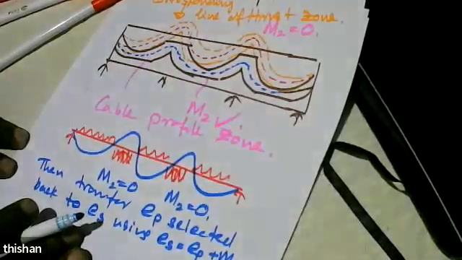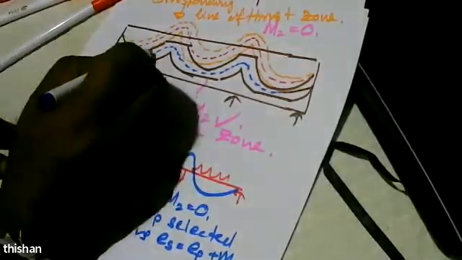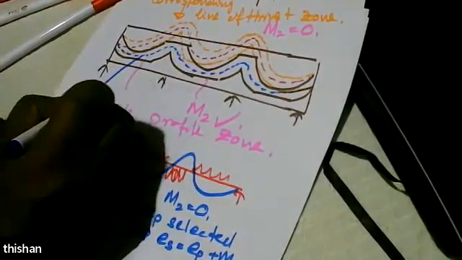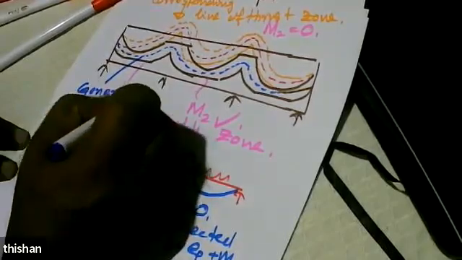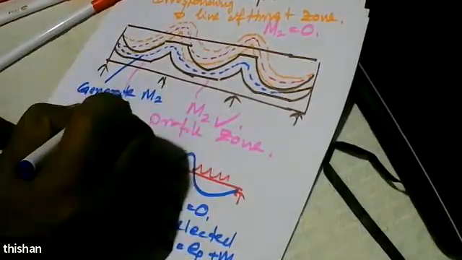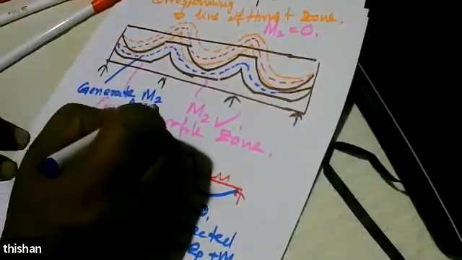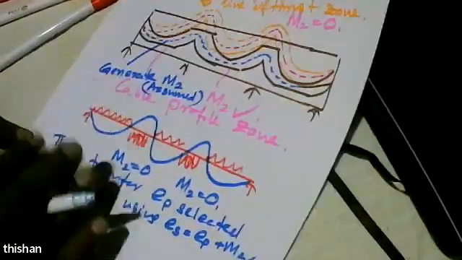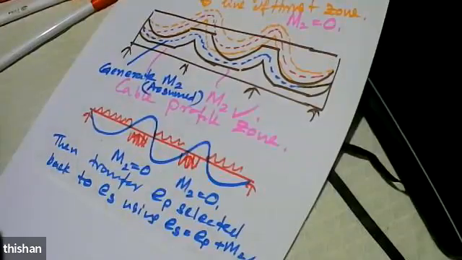And what is the specialty? This new diagram will generate the M2 that you have assumed. So we can numerically show on our spreadsheet if we do this calculation.